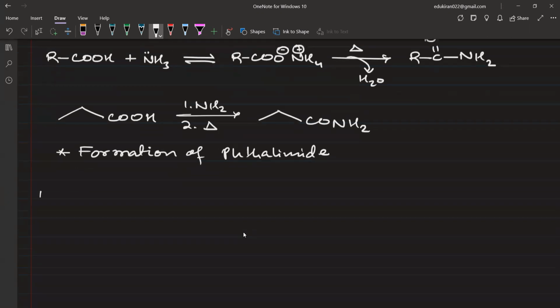Formation of phthalimide starts with a benzene ring with 2 carboxylic acid groups in ortho position. And first of all, we react this with NH3. Now here it is going to form a new salt.